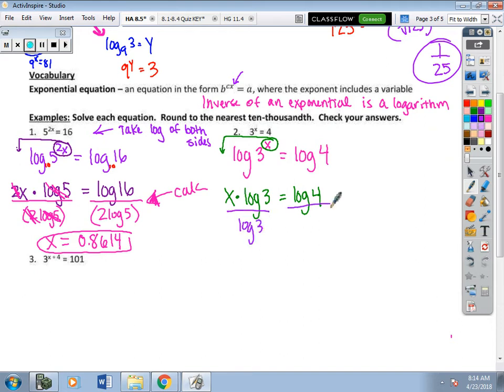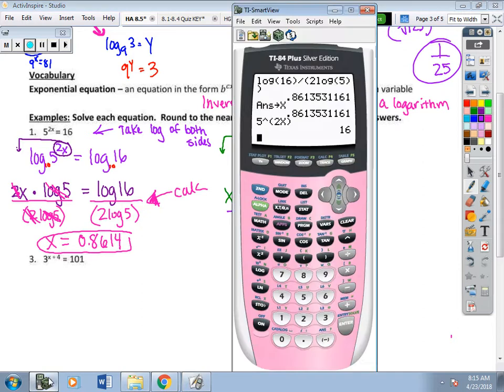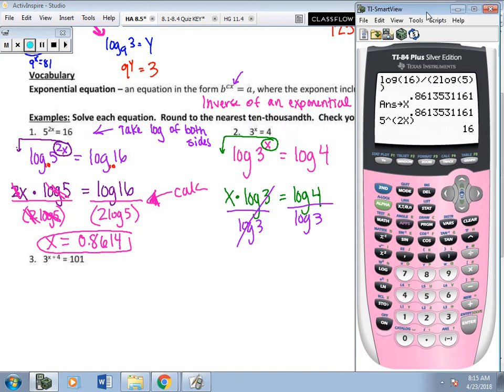You don't have to group the denominator since it's just log divided by log. And then this will go into our calculator. Make sure you close the parenthesis though after the 4. And so we'll get 1.2619.